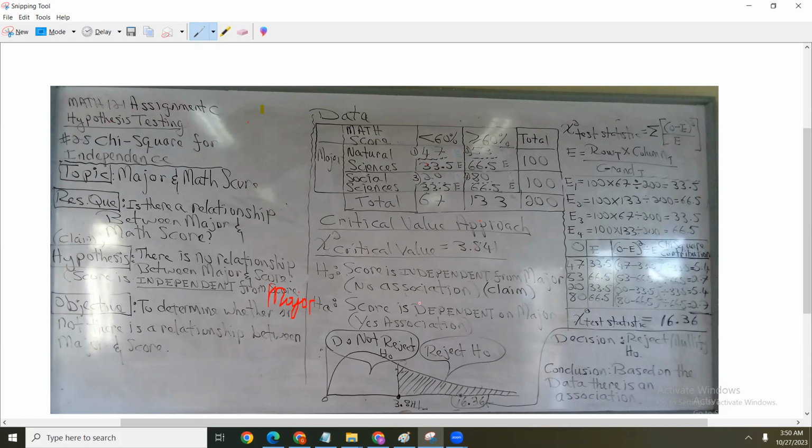Now we can call that third person the test statistic, like a judge and a jury. And the rule that the test statistic is going to use, the system it is going to use to make an impartial decision, is the distribution curve with the critical region and the critical value upon it.